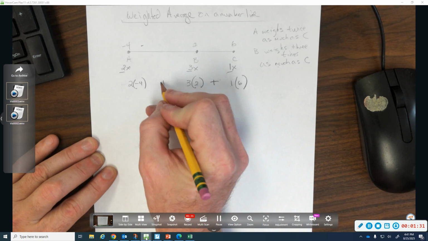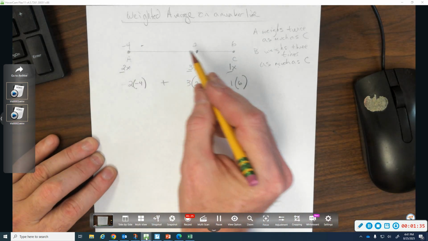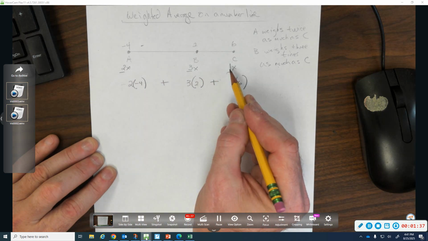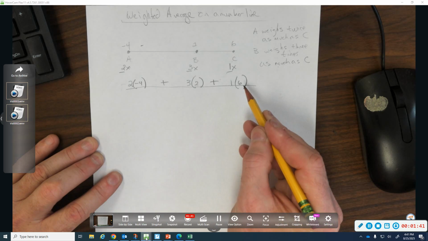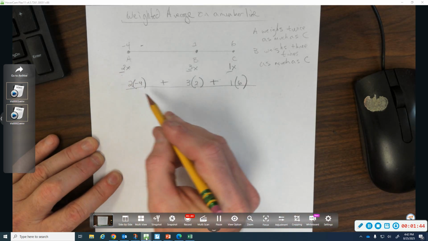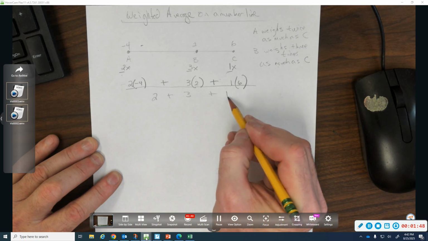And so the sum of these values is the sum of these with their weights. But the average is dividing those sums by the total weights. And I have a weight of 2 plus a weight of 3 plus a weight of 1.